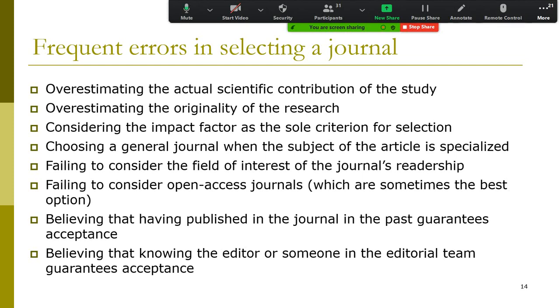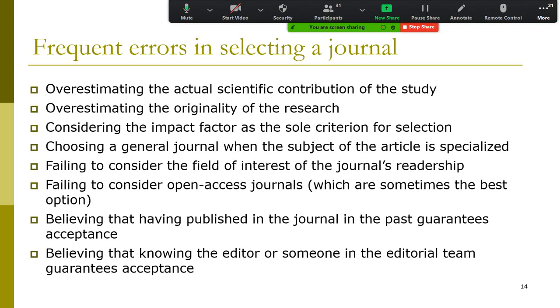Failing to consider the field of interest of the journal's readership. So in the previous slide, I was sharing with you that first you should see the website of the journal and see the scope of that journal. So if your article is mismatched with the scope, it is easily rejected.